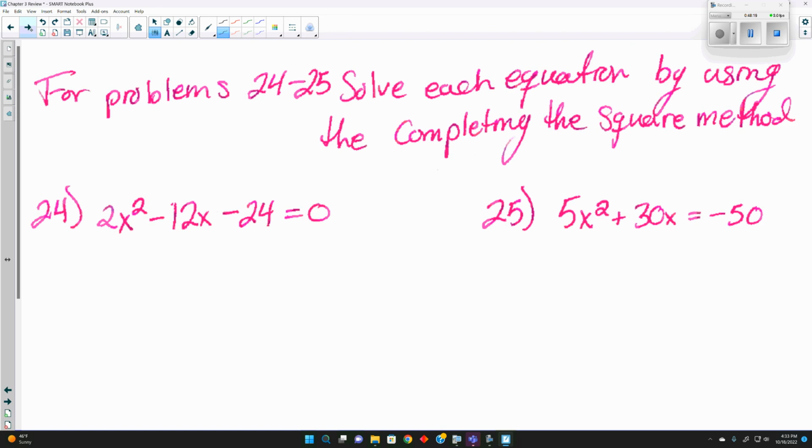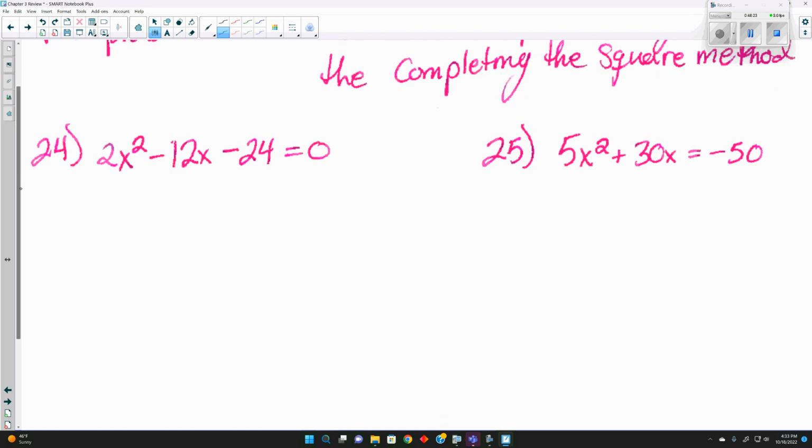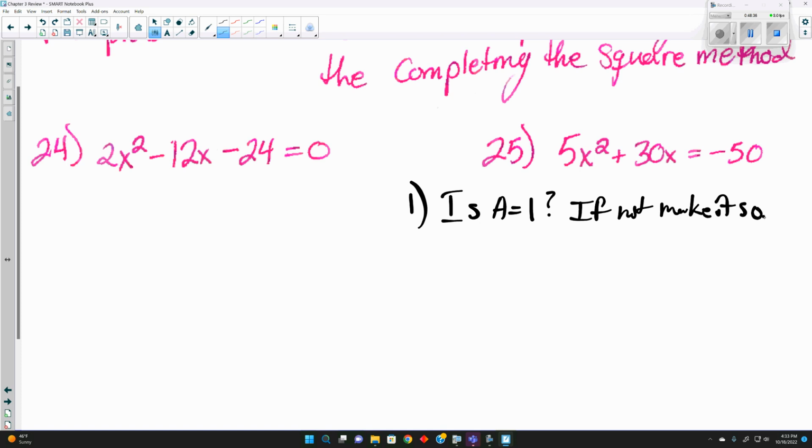So this one here, we have to solve these by completing the square. Now our first step is a equal to 1. If not, make it so. So here our first step is looking to see is a 1. Well, a, again, we're talking about ax squared plus bx plus c.